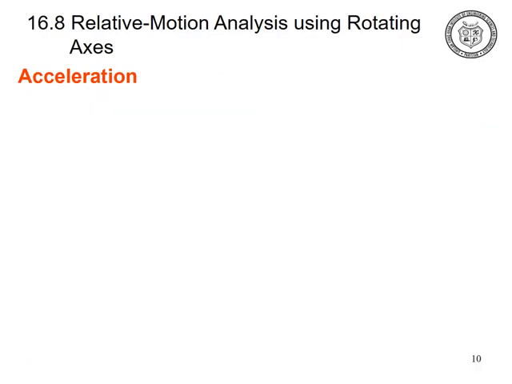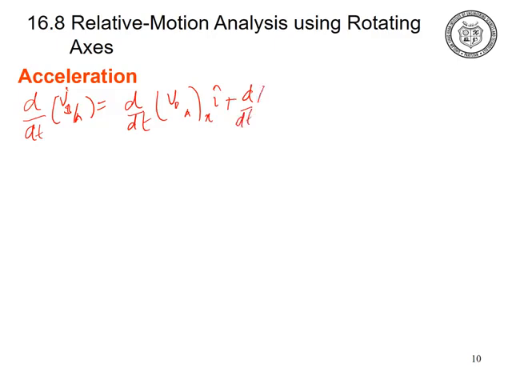In the previous slide, the last equation that we derived was vb with respect to A equal to d by dt of vb with respect to A x in terms of i plus d by dt of vb with respect to A y in terms of j.